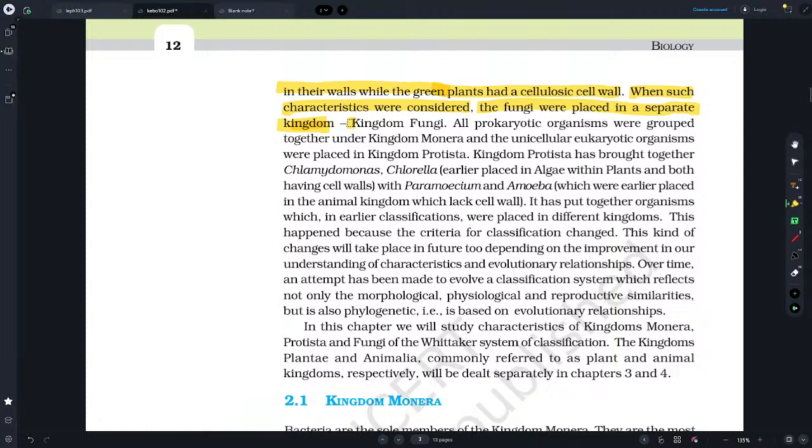This is the grouping of several slime molds, which happens only under favorable conditions. During unfavorable conditions, this plasmodium differentiates and forms fruiting bodies bearing spores at their tips.